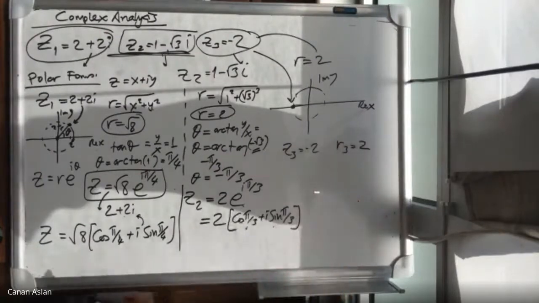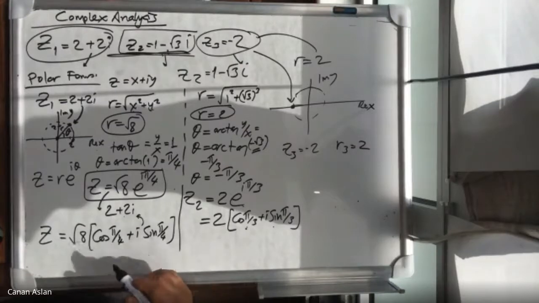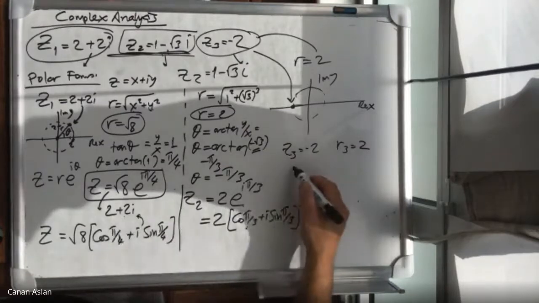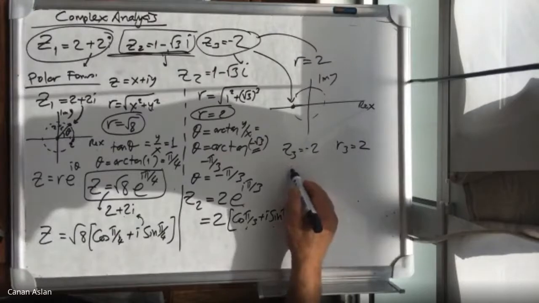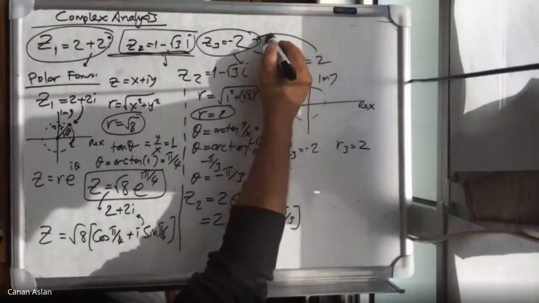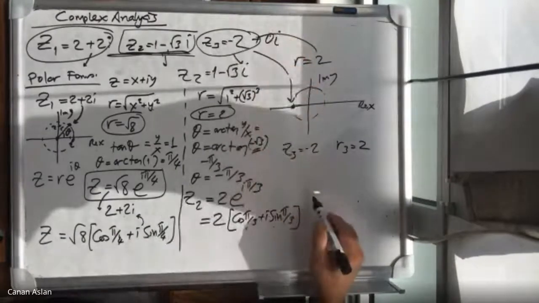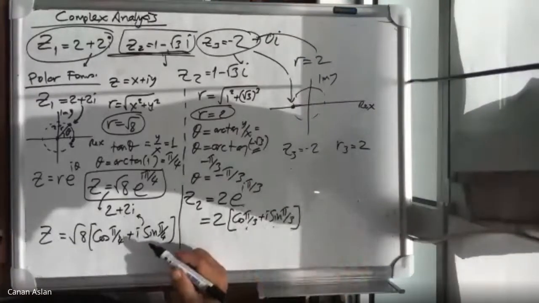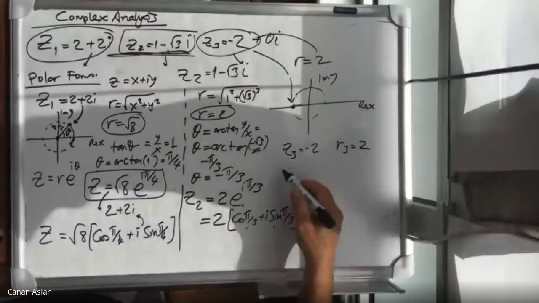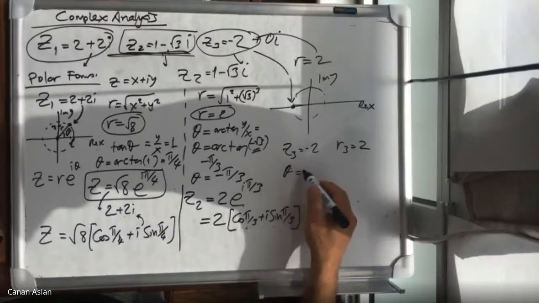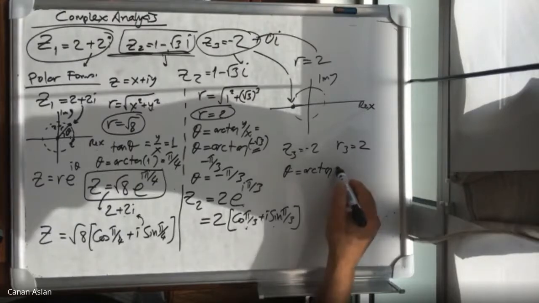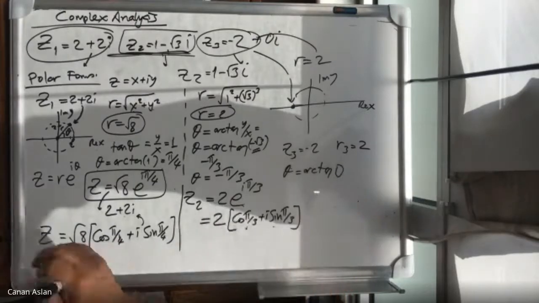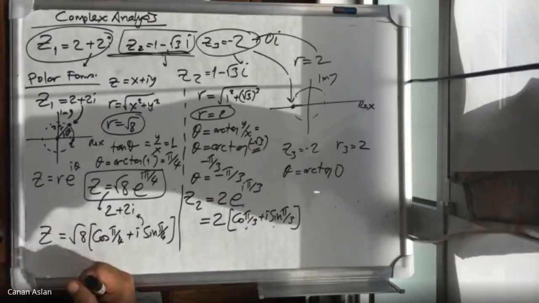Now, we have to get also the angle. So what angle gives you 0? Because remember that we have now plus 0 times i. It means that the imaginary part is 0. To get the angle theta, we use again arc tangent of 0.